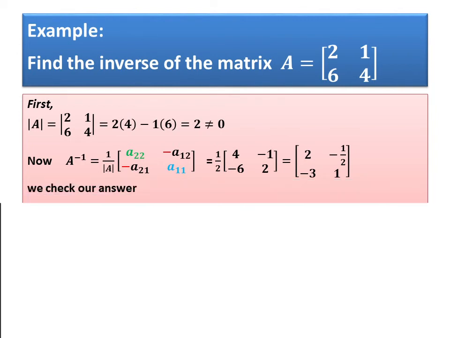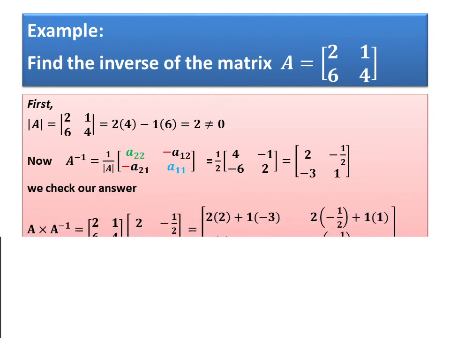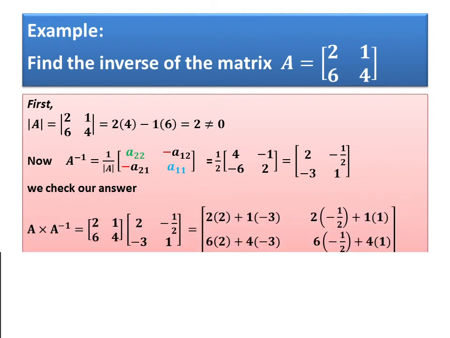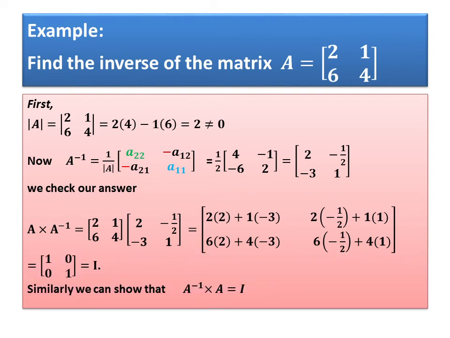So simply we do A times A minus 1, we put the matrix A and we put the matrix A minus 1, and we perform matrix multiplication as we see in front of us, that this will give us a matrix which is the first row is 1, 0, the second row 0, 1, which is the identity matrix for a 2 by 2 square matrix. In a similar way, we can show that A minus 1 times A is equal to the identity matrix. And this we will leave for you as an exercise.